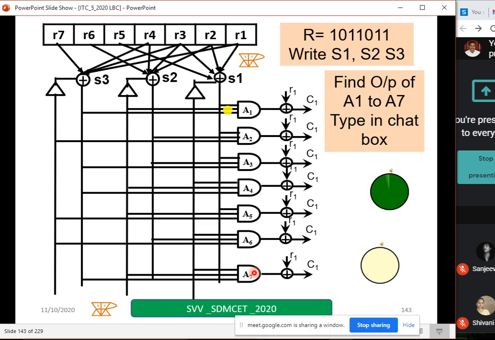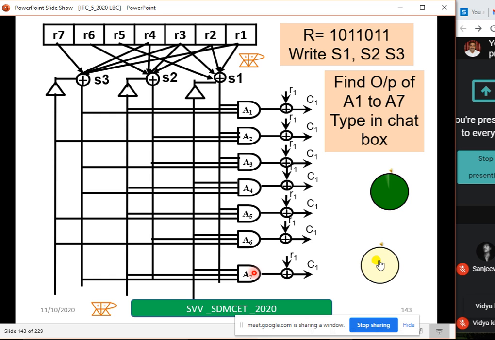Bharat is typing A6 1. Shilpa is telling A6 1. But Shilpa, you check A6. Swasini, A1, A2, A3, A5 is 0. A6 is 1, Vijay Lakshmi is telling. A7 is 0, very good. I think I am getting only A6 as 1. Most of the students are telling A6 is 1. Adnya is telling A6 is 1. Yes, Shilpa is telling, yes sir, A6 is 1.